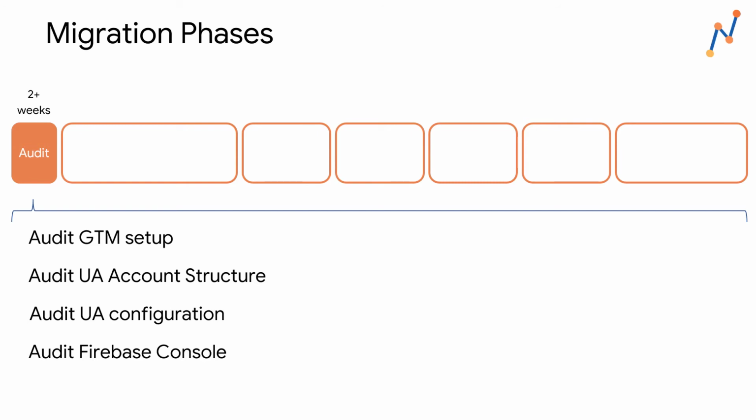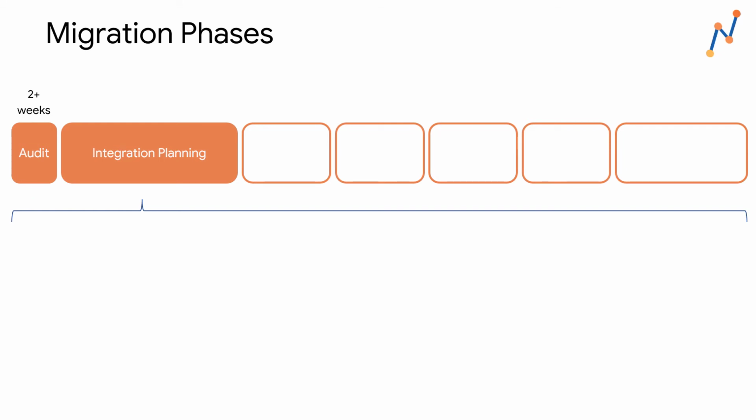This brings us to the next phase in the migration process, which is the integration planning. And this phase will most likely consume the most of the time in the migration process and will last up to 8 weeks or even longer.